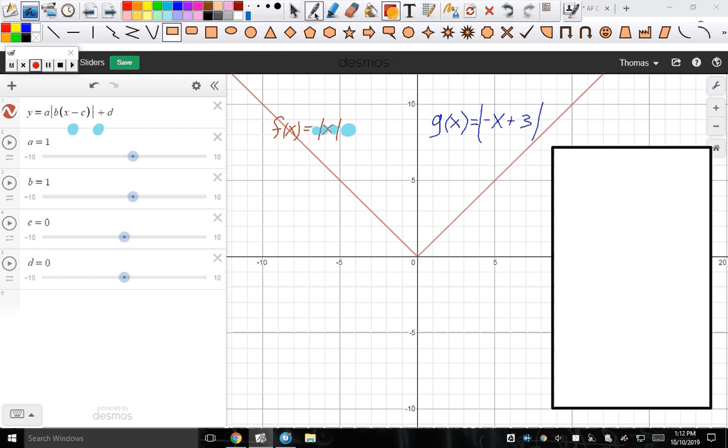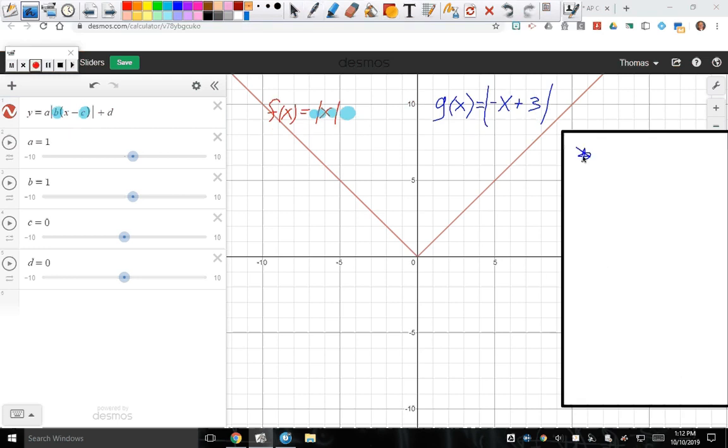The very first rule, like the very first caveat, the warning is this. B must equal a positive 1. Right now, B does not look like it's positive 1. It looks like it's negative 1. You with me? B is the coefficient right in front of the x that's inside of the absolute value.